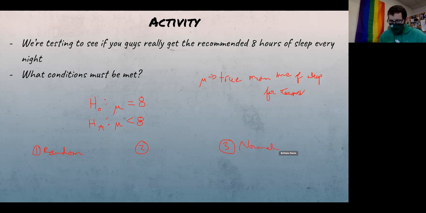It's means, so we're looking at the central limit theorem. And we have to make sure it's less than 10% of the population. So which one of these do we definitely qualify for? 10%. Yeah, you do represent less than 10% of teenagers.